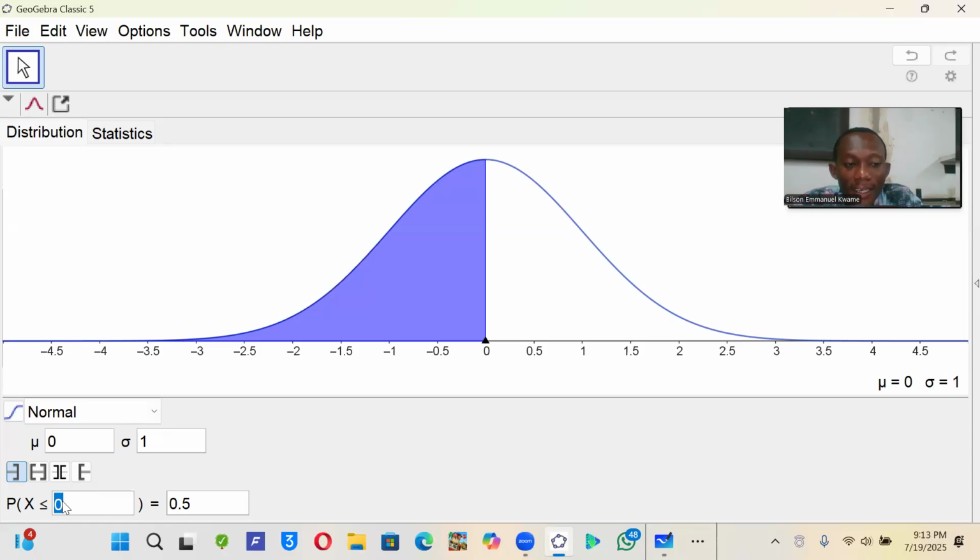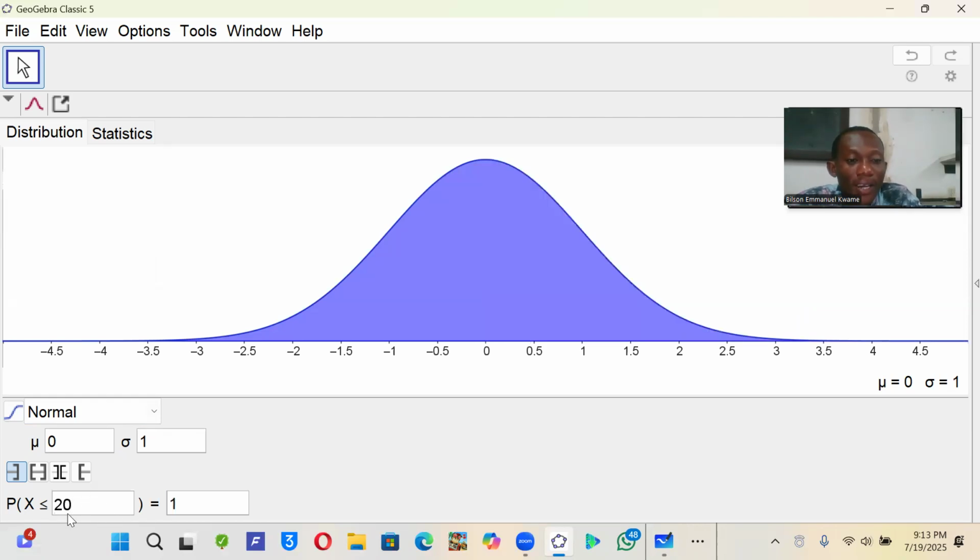Let's say, find the probability that at most 20 people pass the examination. At most 20 means 20 or less. So we just key in 20 here, then press enter.